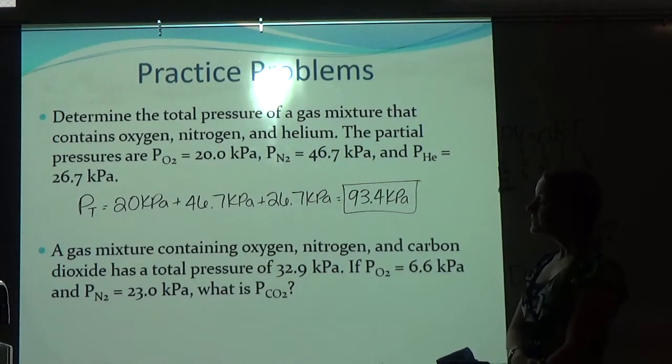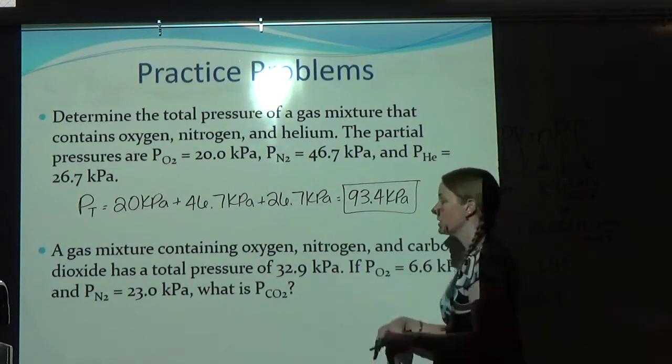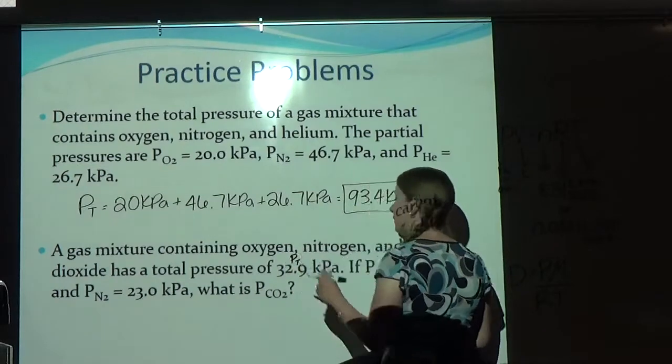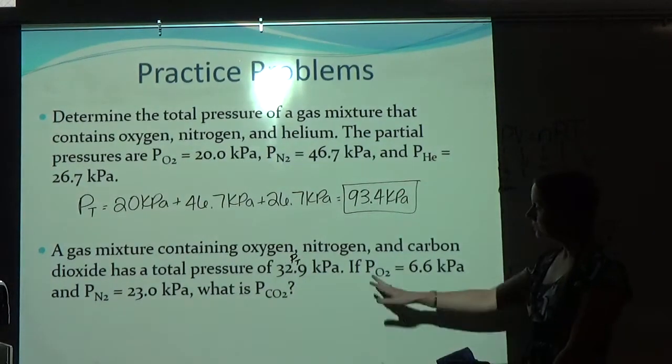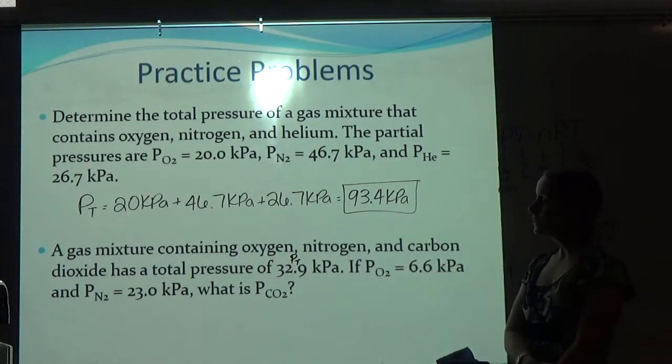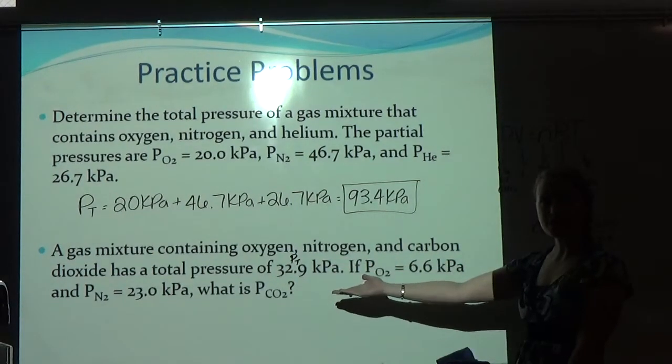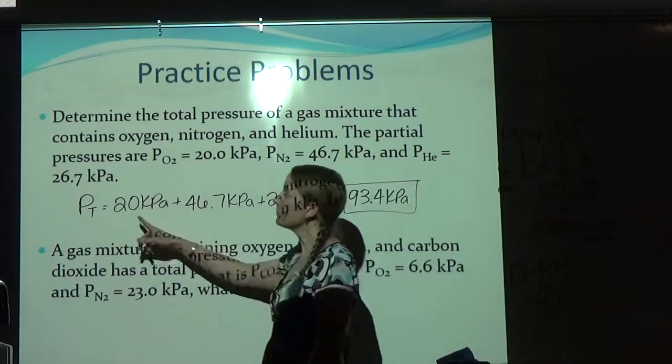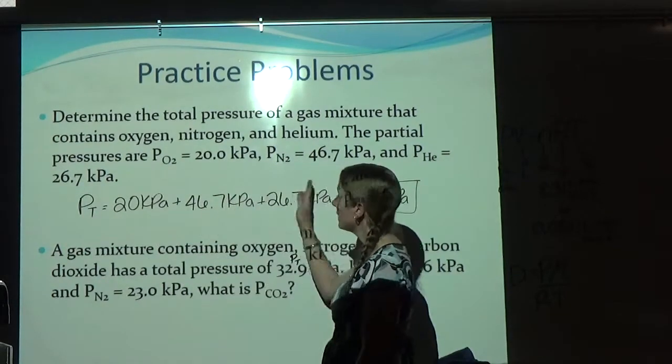All right, so a gas mixture containing oxygen, nitrogen, and carbon dioxide has a total pressure, so here's my total, of 32.9 kPa. The partial pressure of oxygen, 6.6 kPa, nitrogen's 23 kPa, so what is carbon dioxide? Well, remember, if I'm looking for the total, I just add my amounts.